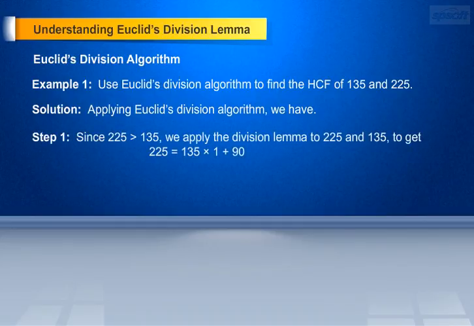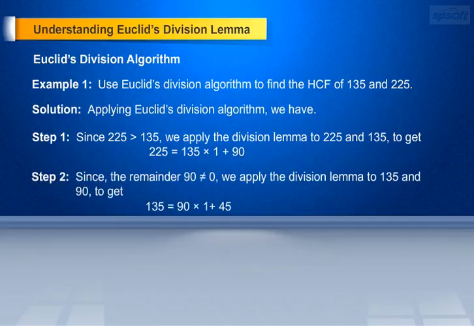Since 225 is greater than 135, we apply the division lemma to 225 and 135 to get 225 equals 135 into 1 plus 90. Step 2. Since the remainder 90 is not equal to 0, we apply the division lemma to 135 and 90 to get 135 equals 90 into 1 plus 45.